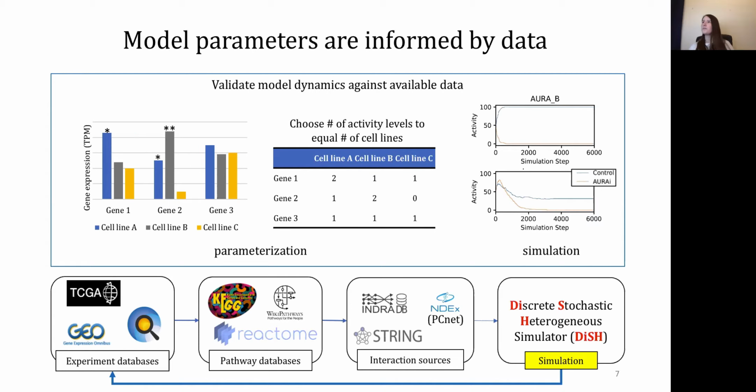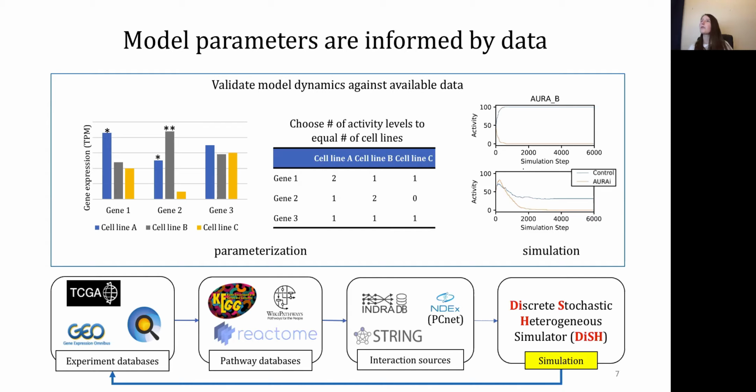And so to use this information to set starting activity values, we set the number of activity levels to equal the number of cell lines. These activity levels are a discrete representation of the expression or activity of an element within our model.